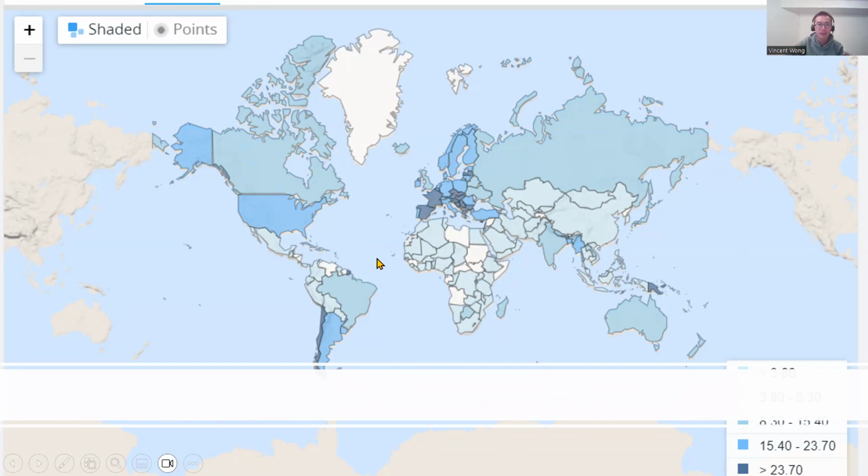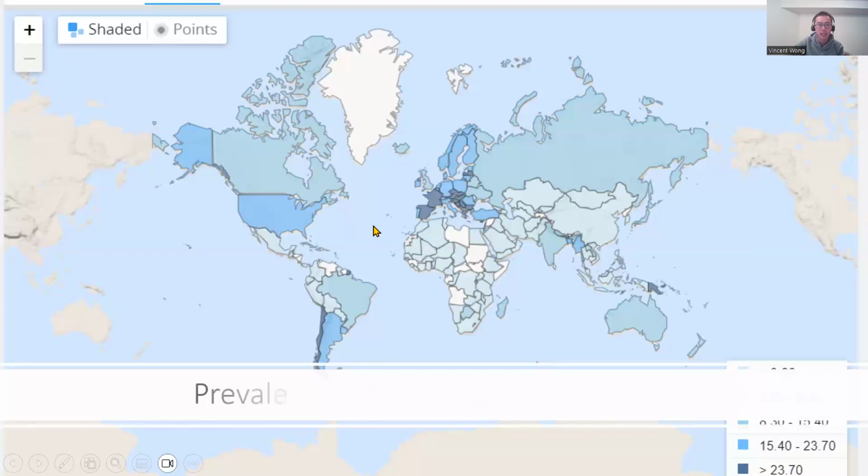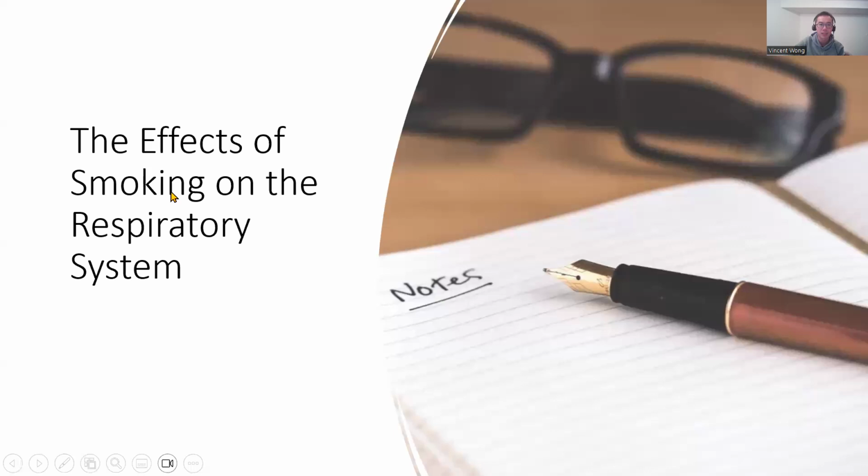For men, the prevalence is concentrated in developing countries, but for females, it tends to be in some of the developed countries. So there's some interesting stats there.